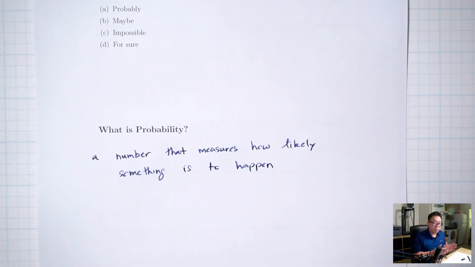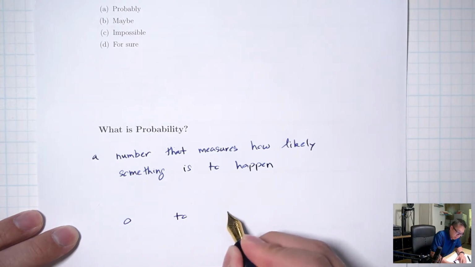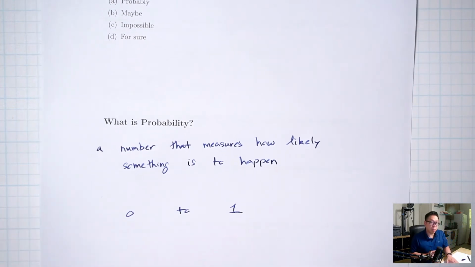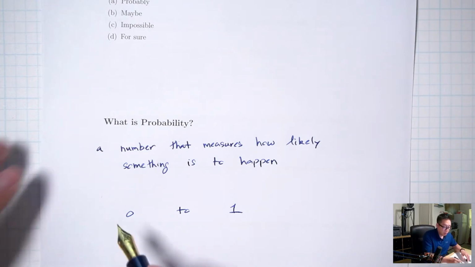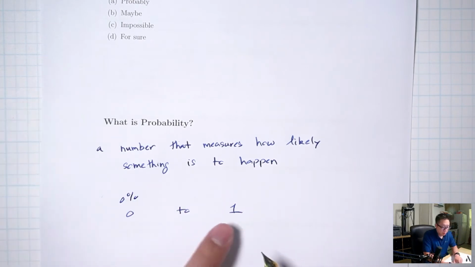And it's a number between 0 and 1. So these are in decimal form. You might be more used to probabilities in terms of percents. So 0 as a percent would be 0%. 1 converted to a percent would be 100%.